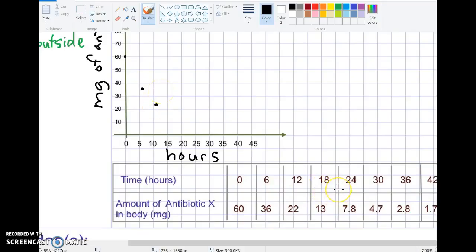And at 18 hours, I have 13 milligrams. So 18, right about there. Oops, that's not 18. Better do that right. 18 is right here. All right. You go ahead and finish it and come back and we'll compare.